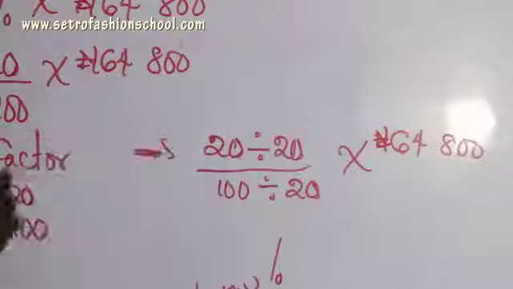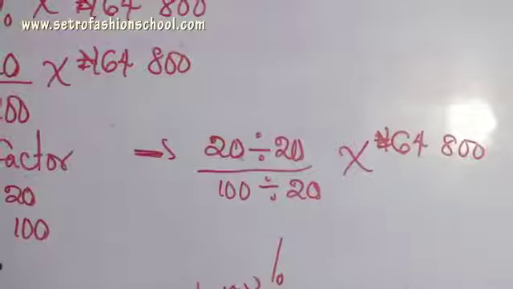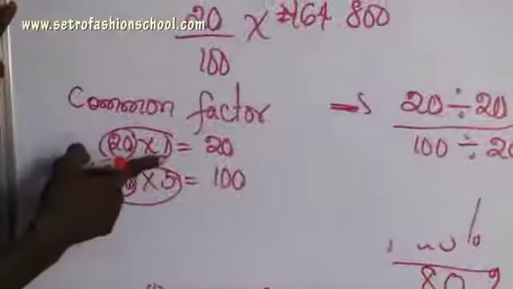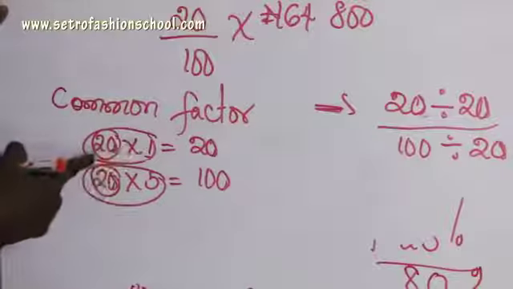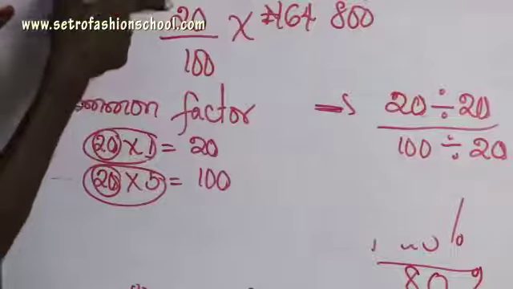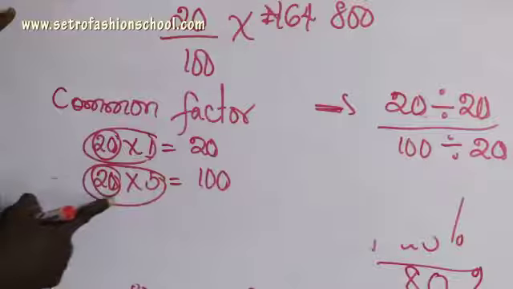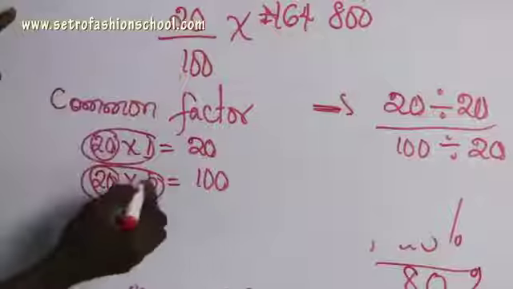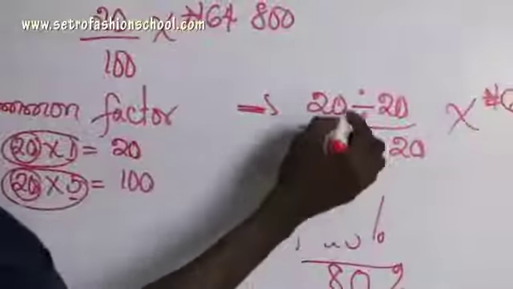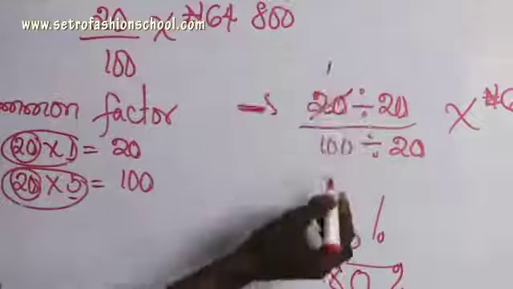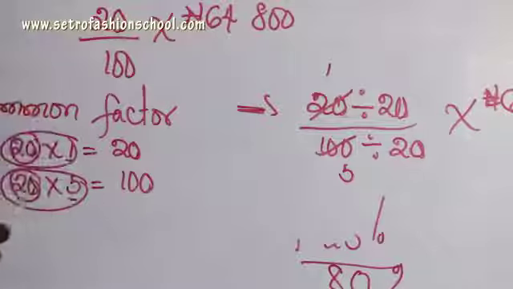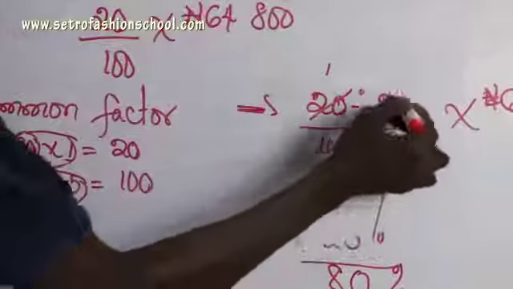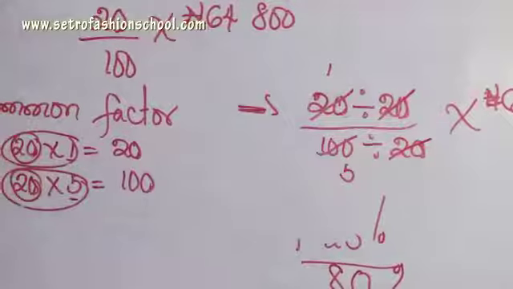Now, can you tell me, 20 divided by 20 is 1, correct? Don't forget, you can come back to the multiplication we have just done earlier: the number that times this 20 gave us this 20, likewise the number that times this 20 gave us the 100. So 20 in 20 is 1, and 20 in 100 is 5. Now you cancel this and this. You don't need them anymore.